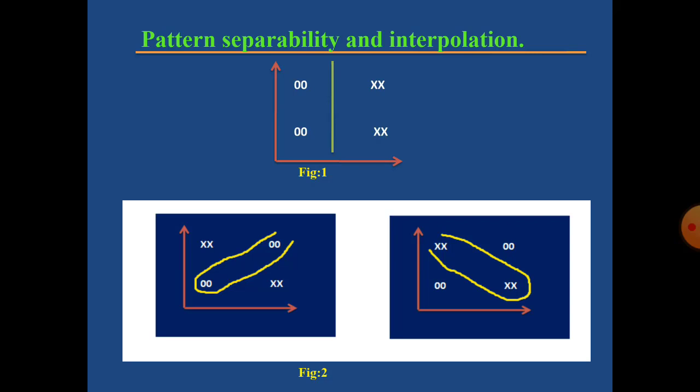Whereas if you consider figure 2, here also we have two types of classes, X and O, but with a single straight line we can't separate those patterns. That's why figure 2 is an example of non-linearly separable patterns.